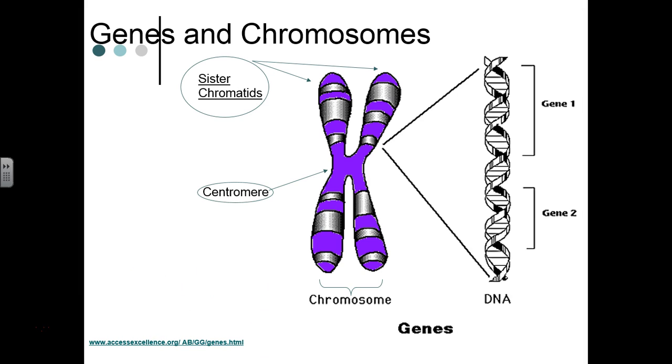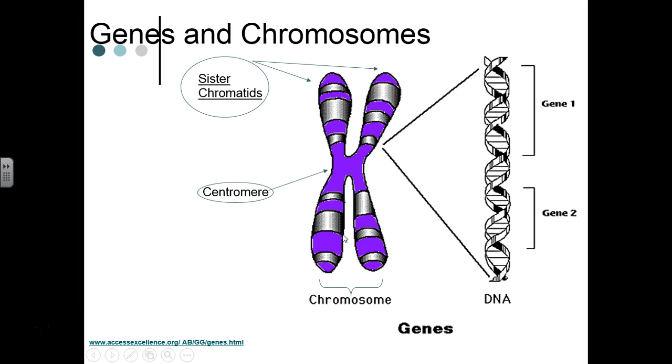So before we do that, I want to do a little bit of a review, make sure that you understand this terminology, because some of these terms are going to come back as we talk about the technologies. So here's a single chromosome. We don't know from this diagram whether it's an autosomal or a sex chromosome. It's just a model of one single chromosome. We have two sides that are sister chromatids. They're identical to each other.